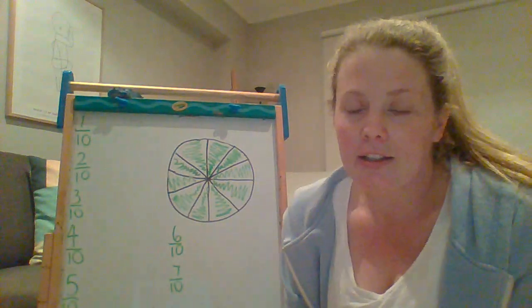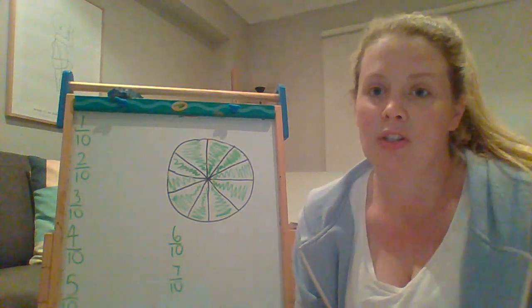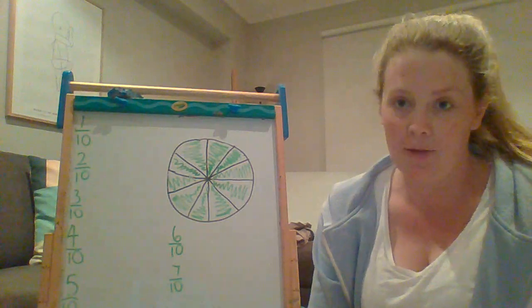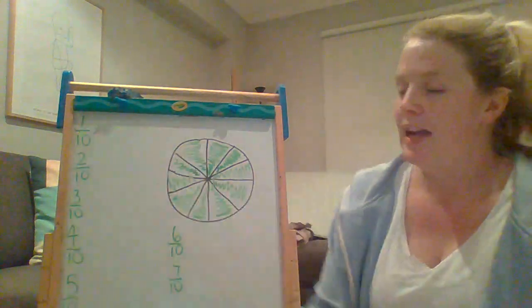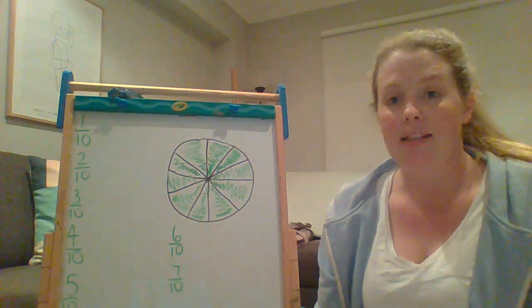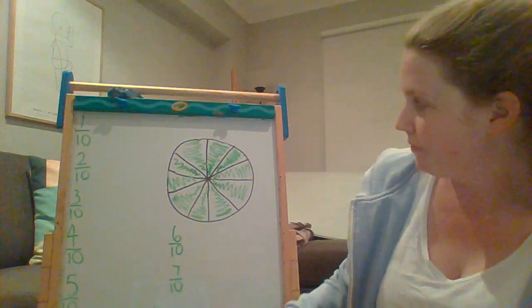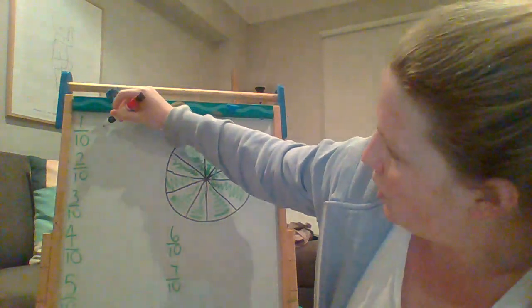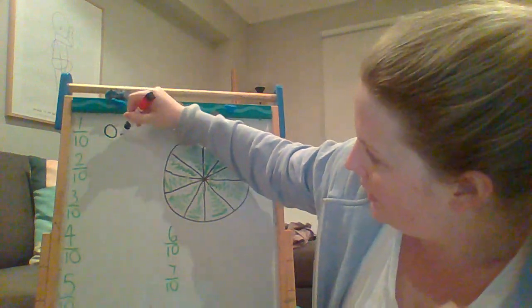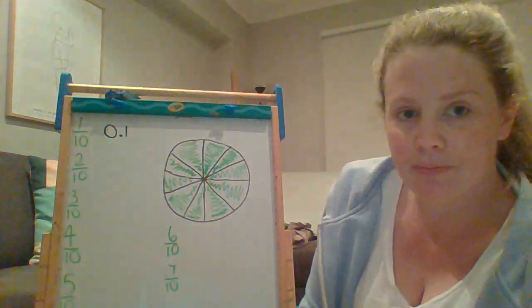Now, as I said, fractions and decimals are very similar. A decimal is just writing a fraction in a different way. So if I was to say 1/10, and I needed to write it as a decimal, I would write it like this: a 0, a decimal point, and a 1.